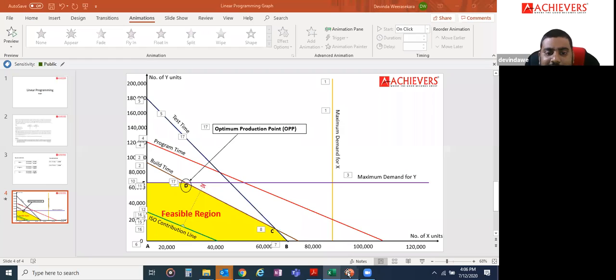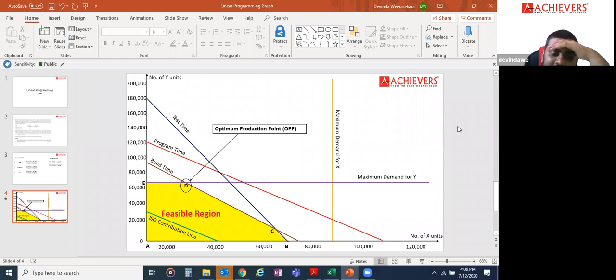So how do you solve it, guys? Now see, in this graph, what is the optimum production point? Point D, right? So at point D, what are the two constraints that are intersecting, guys? Tell me.